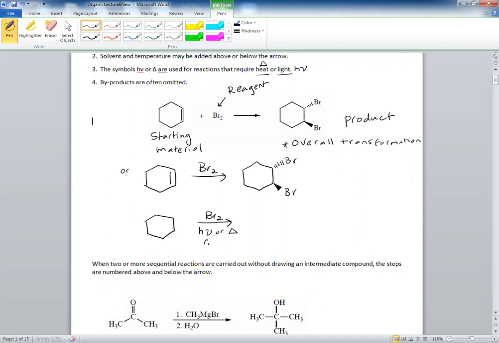And of course, CCl4, which is our solvent. So let me mark this for you. This is light. This is heat. And this is the solvent. You notice how all this information is included above and below the arrow. And you get, of course, this transformation.